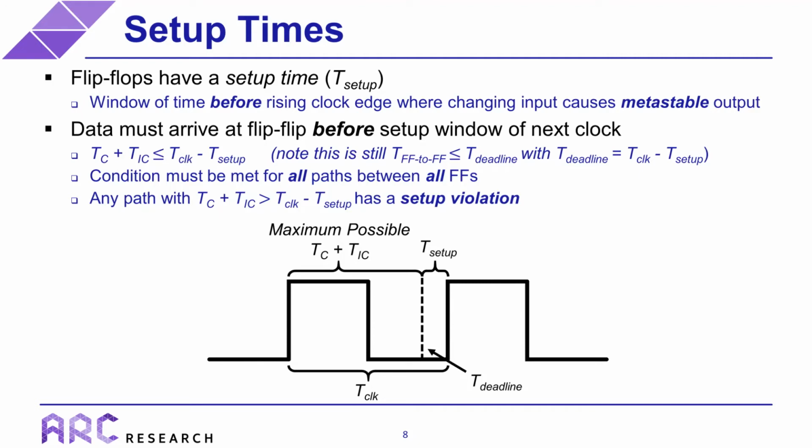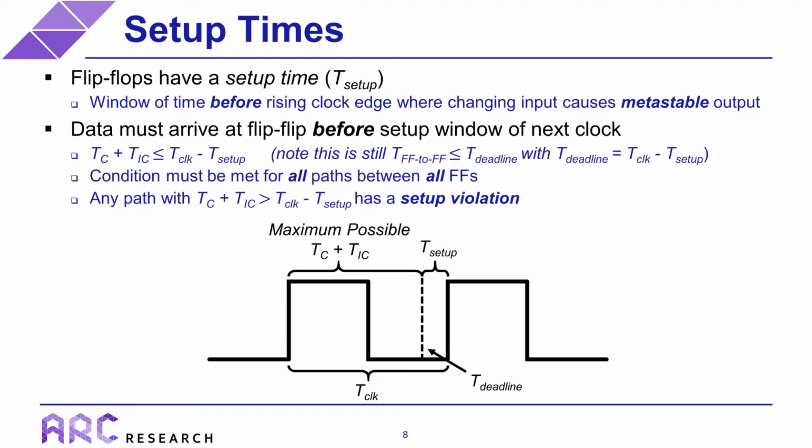All right, so here is where we start to add real complexities to my original simplified definition. So one thing that original definition ignored is that flip-flops have something called a setup time. This is a small window of time before a rising clock edge where the input to the flip-flop cannot change.